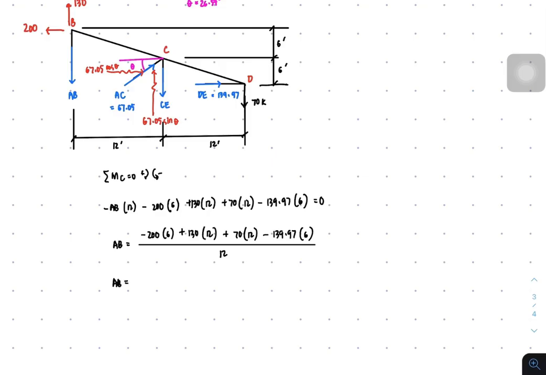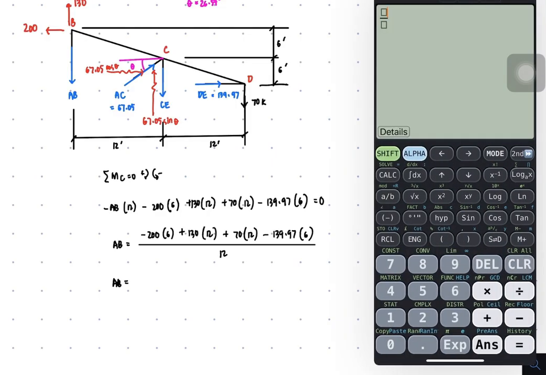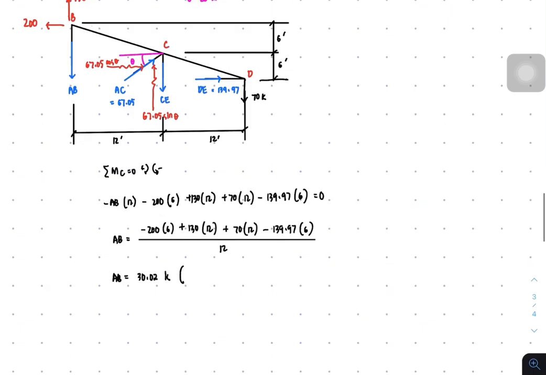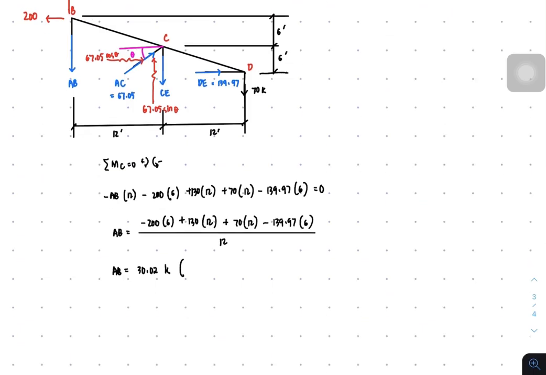AB is equal to 30.015, so it's 30.02 kips. And we obtain a positive value, so our assumption is correct that it is tension.